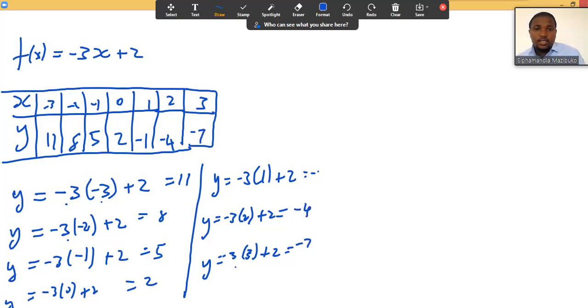Okay, let's look at sketching this graph now. What we need more?